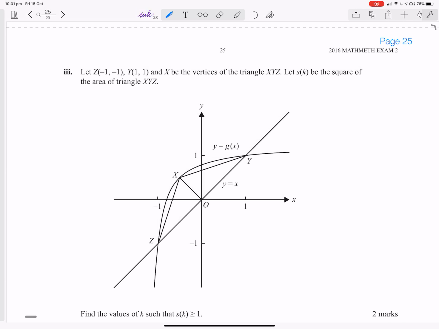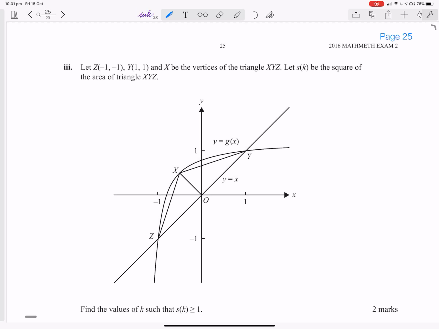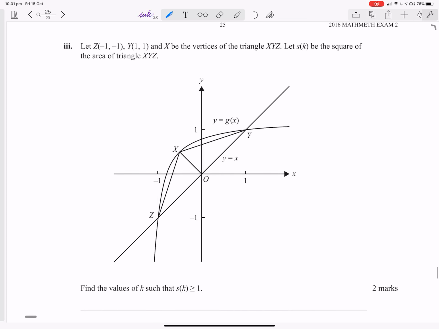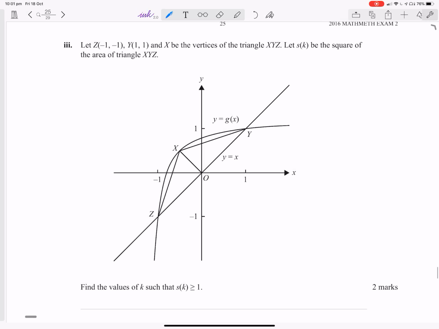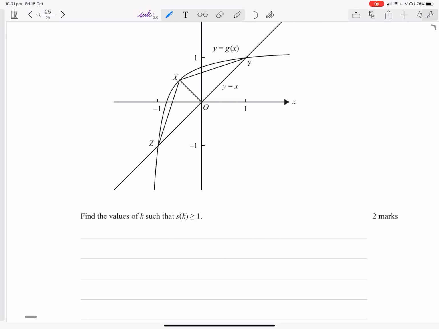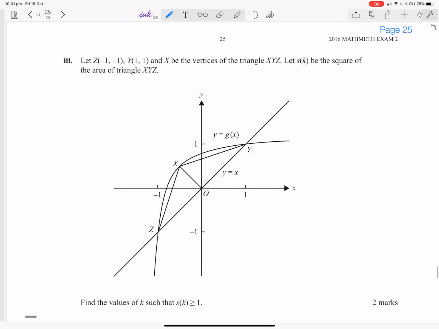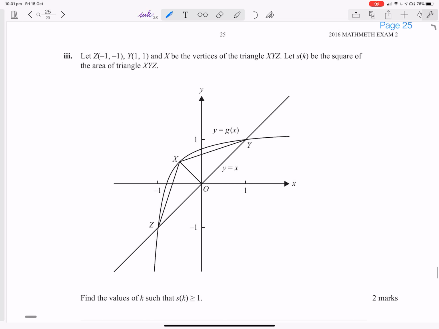Okay, let Z be negative 1, X. Let S of k be the square of the area of the triangle XYZ. Find the values of k such that S of k is greater than 1.